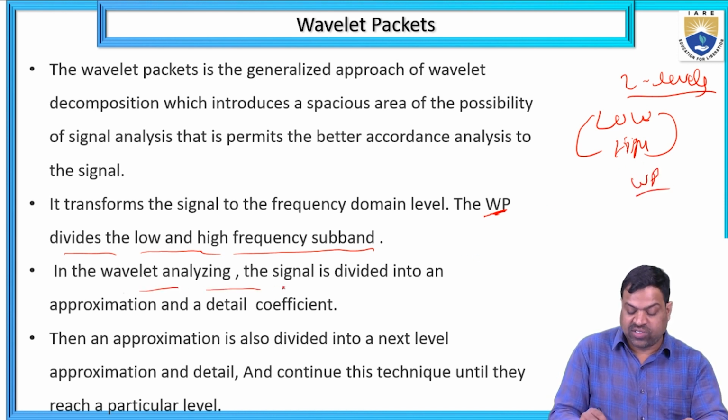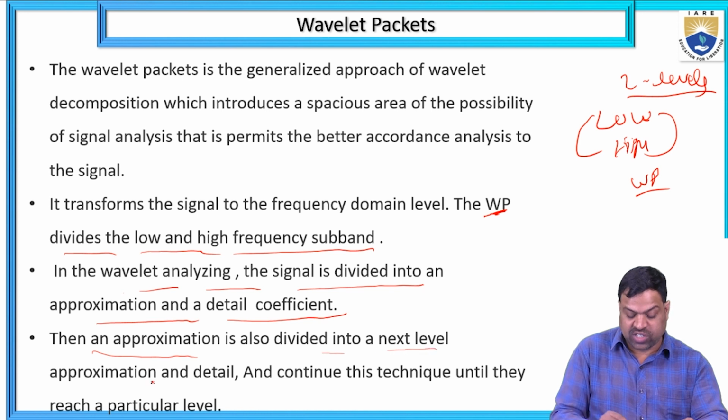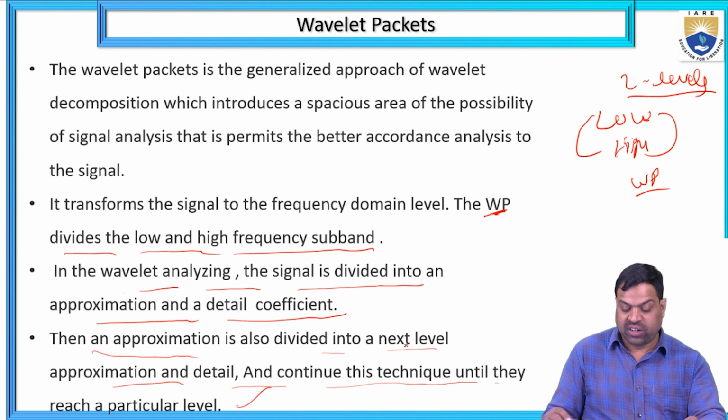the wavelet analyzing the signal is dividing into the approximation and coefficient. Then the approximation is also divided into the next level approximation and detail coefficient, and we continue this technique until we reach a particular level.